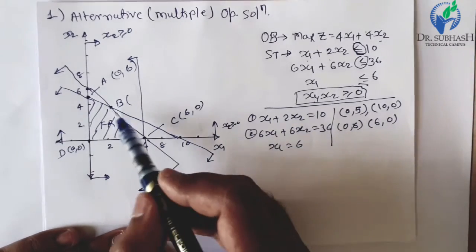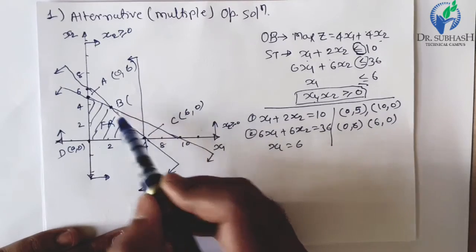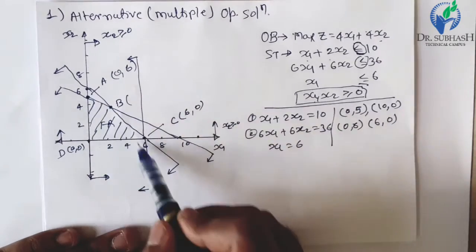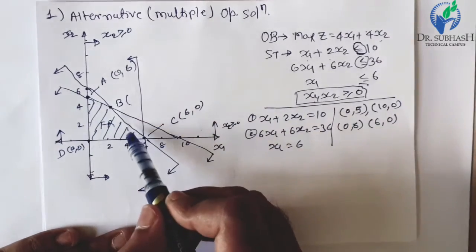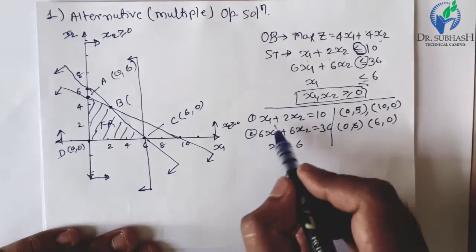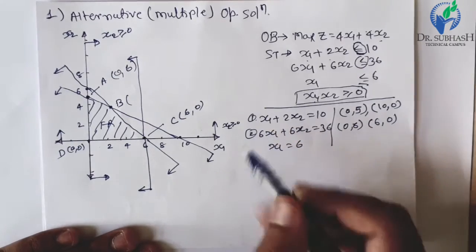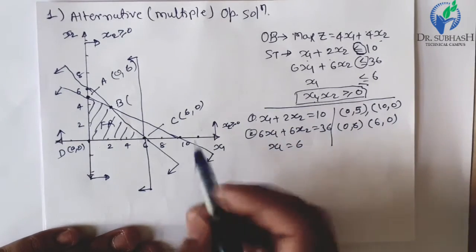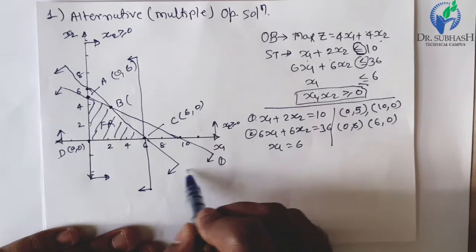Another way to get the coordinate is to consider the point B and the two constraints which must pass through B. B is the intersection of these two constraints, say constraint number 1 and constraint number 2, because this is the constraint number 1 and this is the constraint number 2.